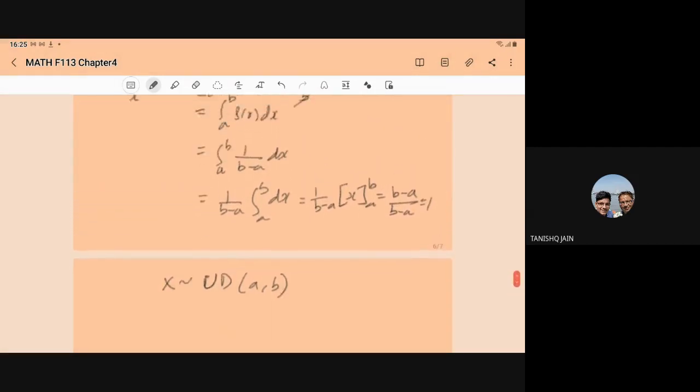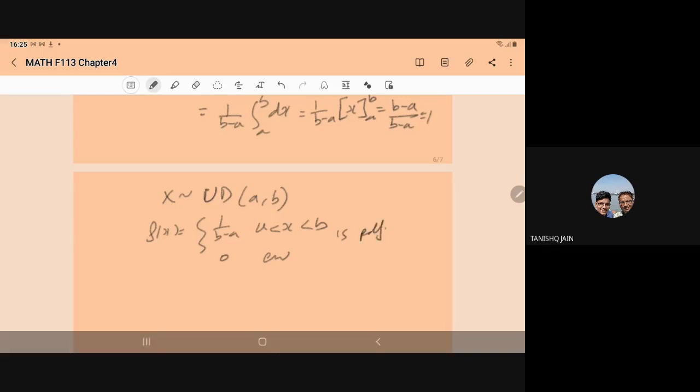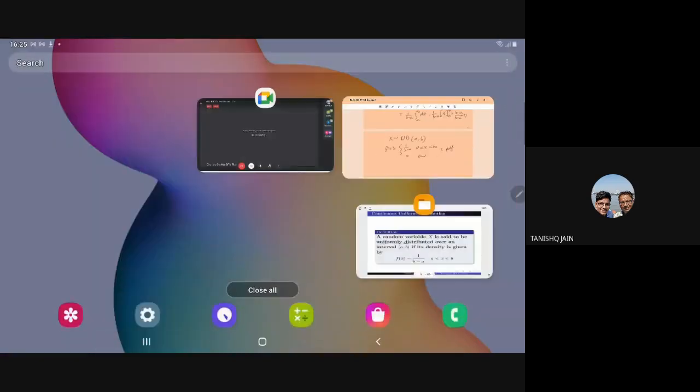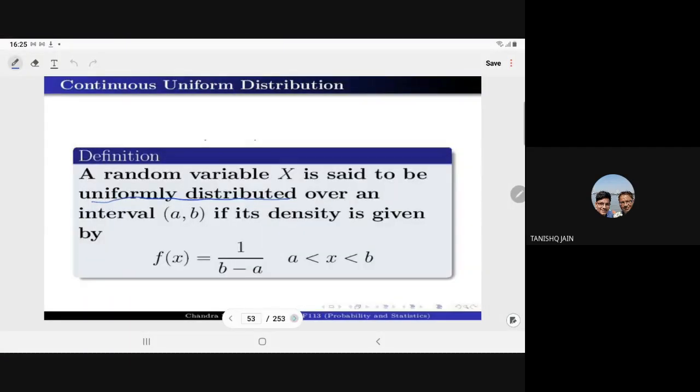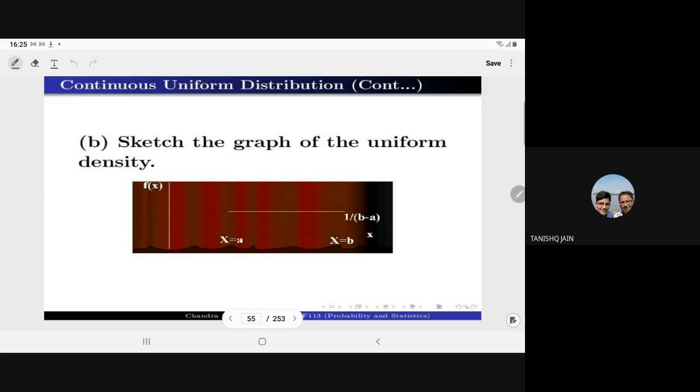So this f(x) equal to 1 upon b minus a for x between a to b and 0 elsewhere is a pdf. So just by the formula, don't believe; always check whether it is a PDF or not. So we have seen this is the density for the continuous random variable.